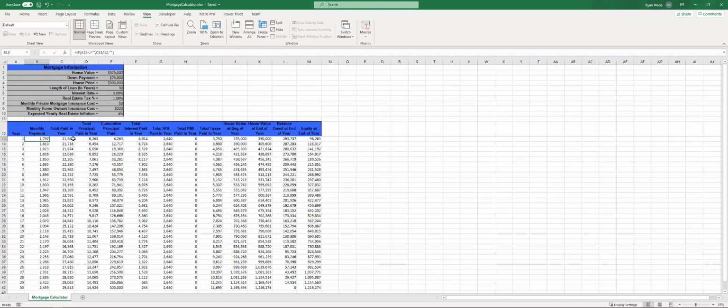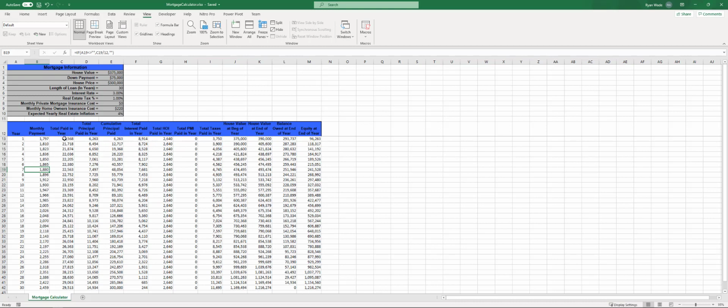That calculation takes the total amount that was paid in a year, which is held in column C in the total paid in year column, and divides it by 12 to get what the payment would be on a monthly basis. And you'll see that as you go down this column, it will increment by 1 so that you will reference the right cells or the correct row for the calculation.